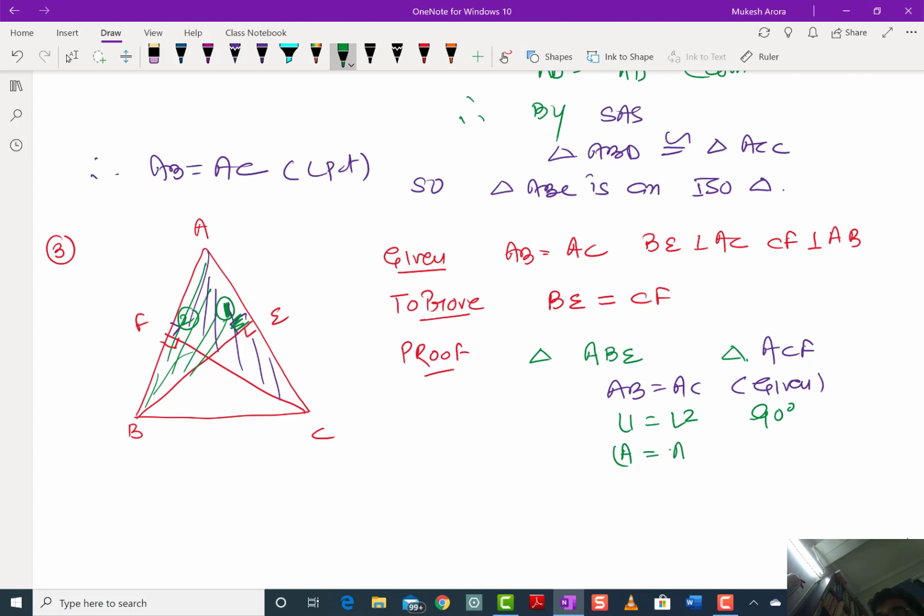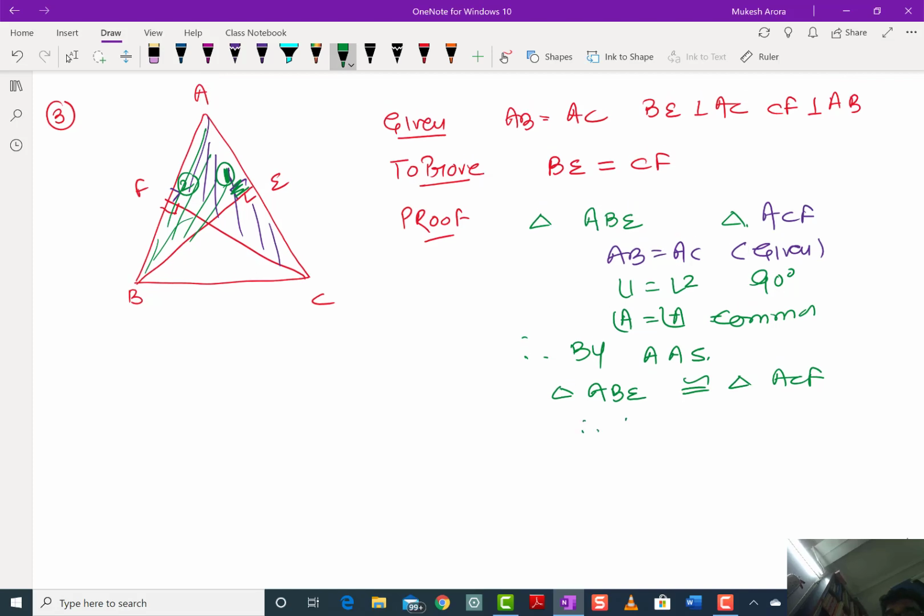Angle A is equal to angle A, common. Therefore by property, it will be AAS. Triangle ABE is congruent to triangle ACF. Therefore, BE is equal to CF by CPCT.